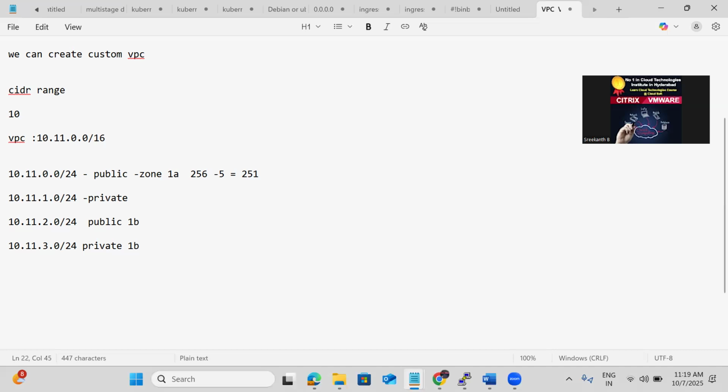That is equal to almost 4096. So we are getting a total of 4096 IPs. Okay, so those are the companies we are going to use.